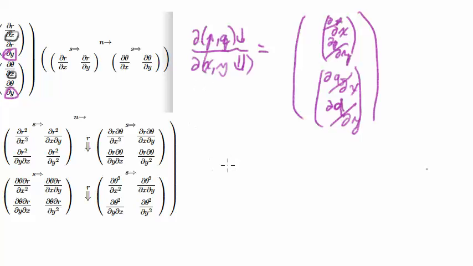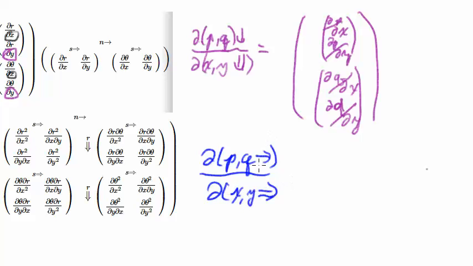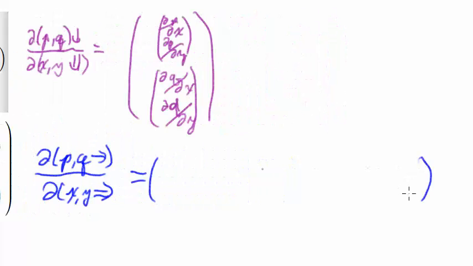Same thing with the other metric. We'll have, say, del p comma q right arrow over del x comma y double right arrow, and that is going to be equal to a pretty extended matrix. I'm going to have to move over so I can capture the whole thing.